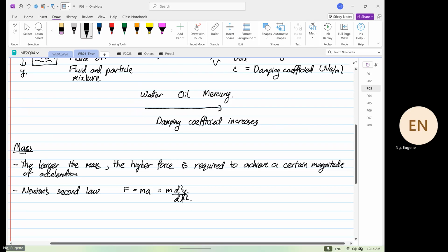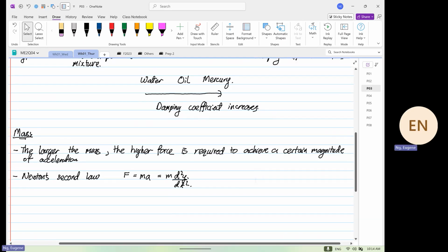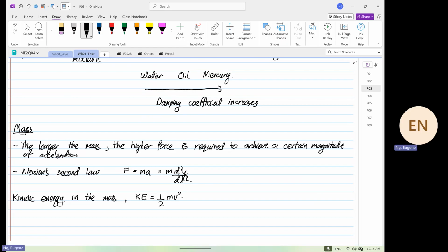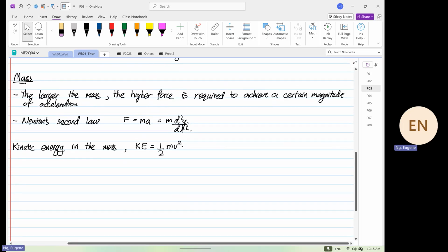Okay. So because we are under motion, okay, the kinetic energy in the mass is basically the kinetic energy is equal to half m v squared. And we all know that. Okay, now let's assemble everything together now, okay, and see how it works.